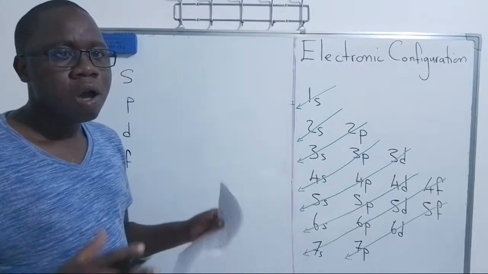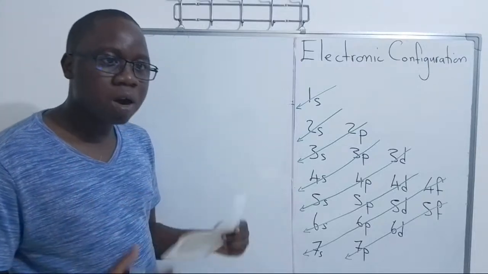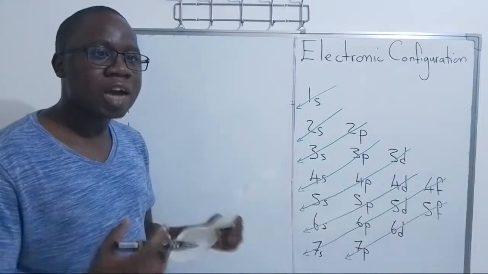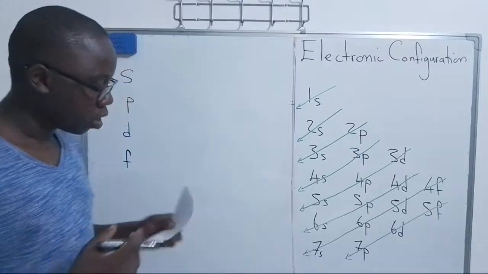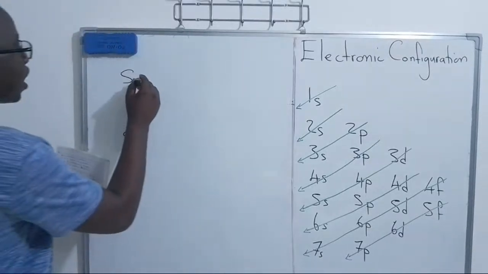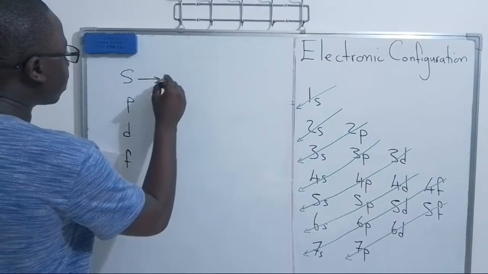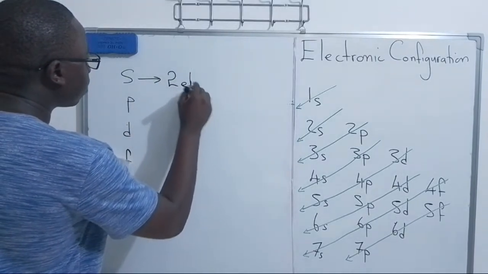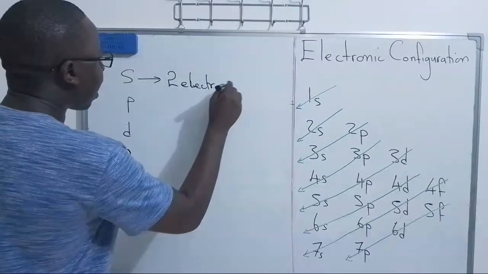is to know the maximum number of electrons that can occupy each and every orbital. Now, the s orbital can only have 2 electrons as the maximum.